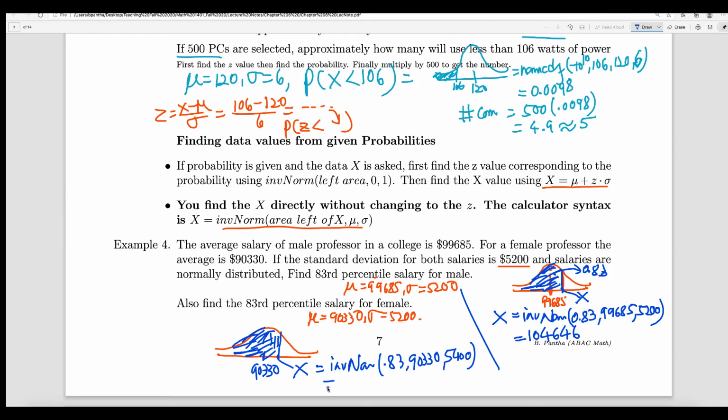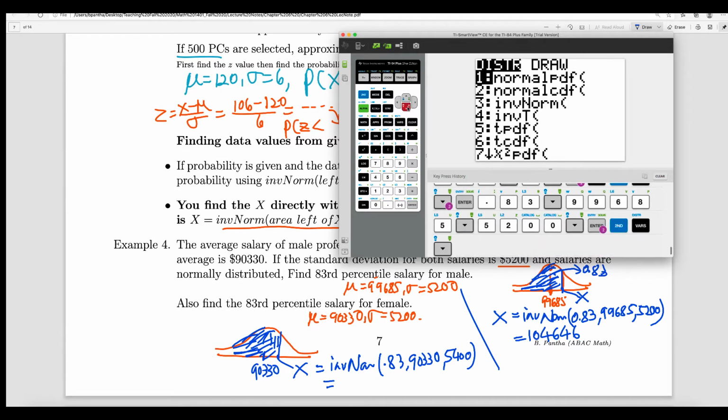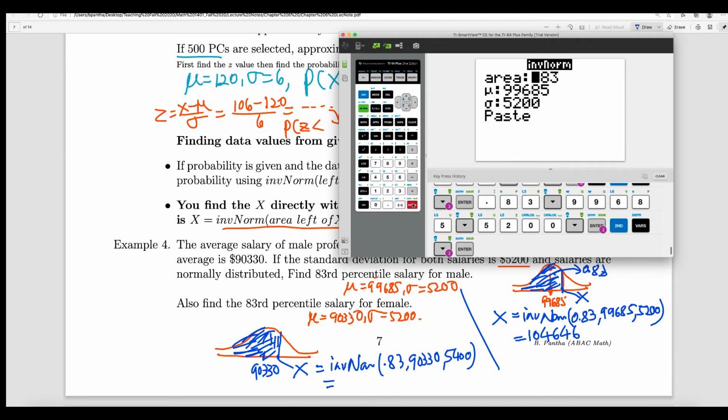If you use the calculator for that, everything is the same, but the only difference is the mean. Go to inverse norm, hit enter. The left area is 0.83. We are good. Then the mean is 90330, and the standard deviation is 5200. Now we will paste it.